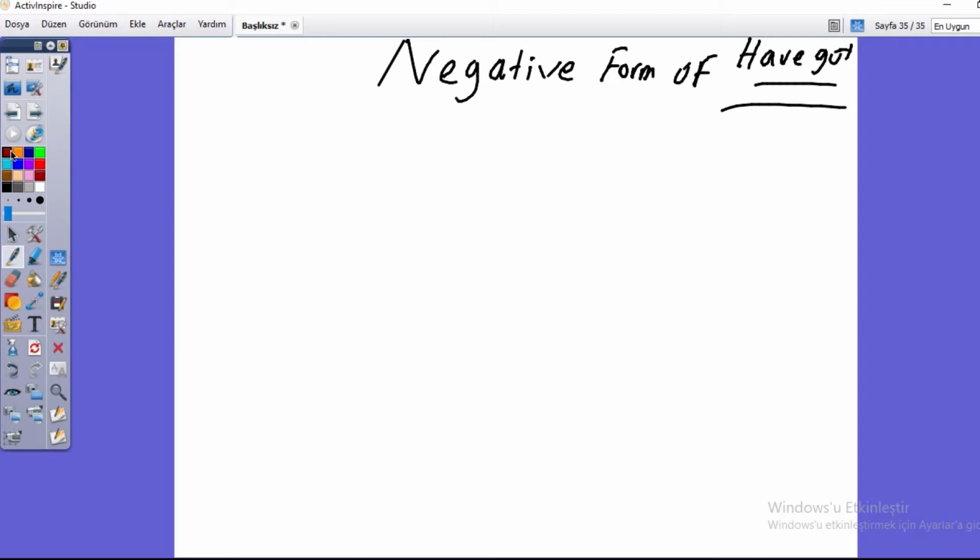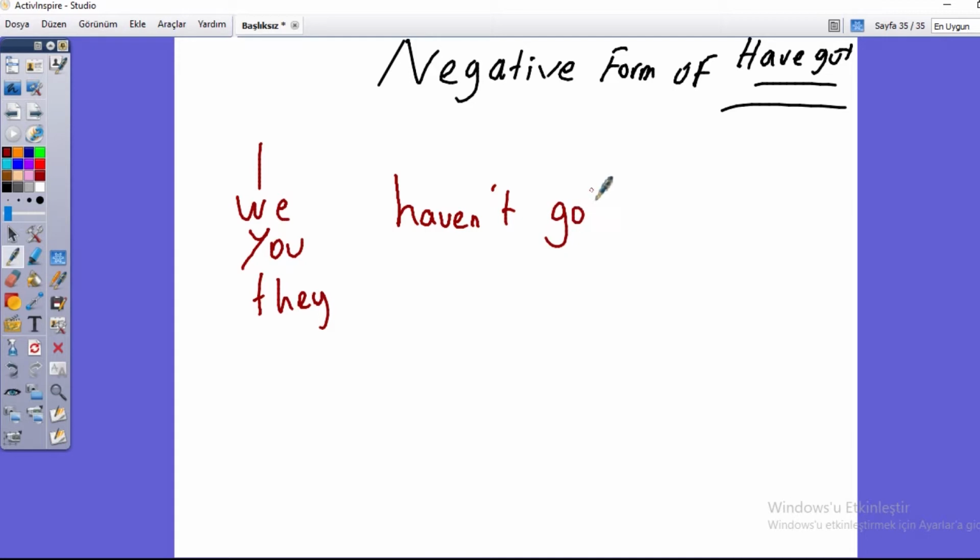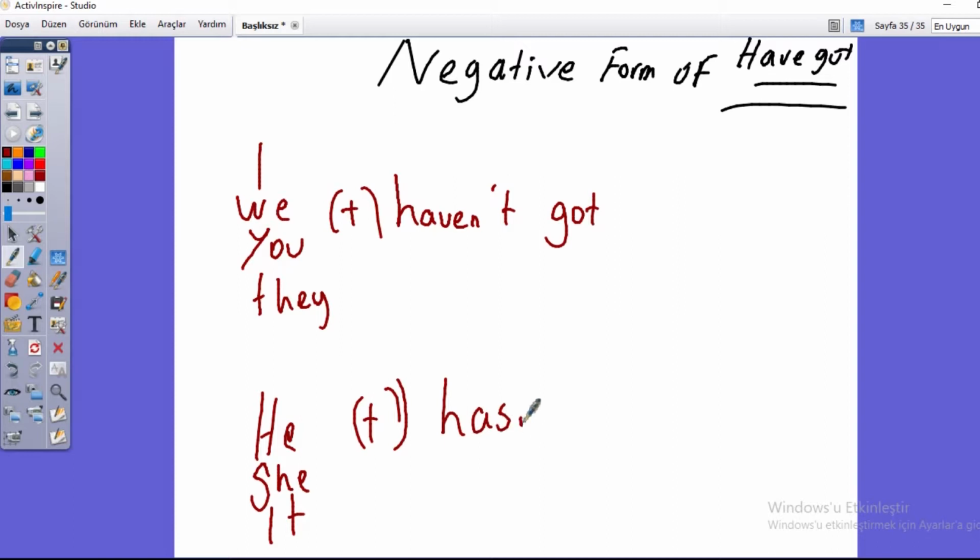With the subject pronouns I, we, you, and they, we say haven't got. With singular subject pronouns he, she, and it, we say hasn't got.